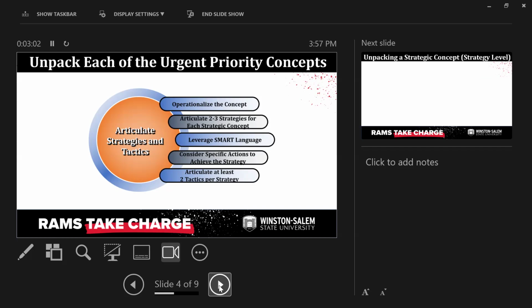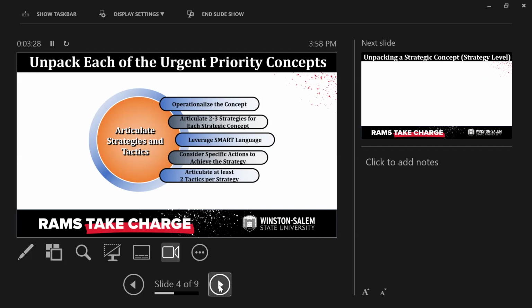And then once you've defined that concept and what it means, now think through 2 to 3 strategies for that particular concept. What are the 2 to 3 things that we would do to ensure that we're operationalizing operational efficiency? Once you've thought through those strategies, now you have to write that strategy using what we call SMART language.